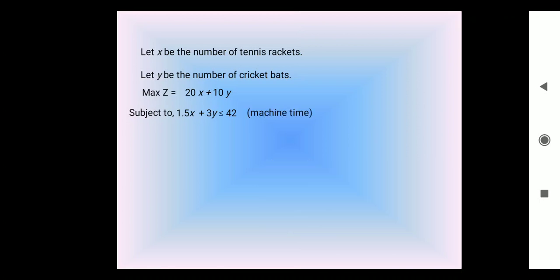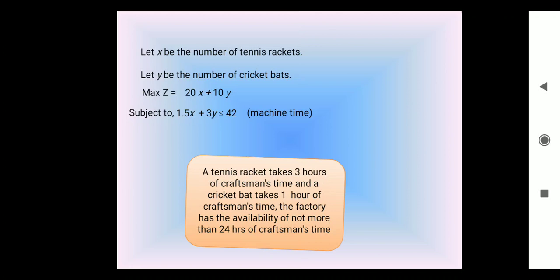Let us consider the second inequality. A tennis racket takes 3 hours of craftsman time and a cricket bat takes 1 hour of craftsman time. The factory has availability of not more than 24 hours of craftsman time. Here the craftsman works not more than 24 hours, which means that he may work exactly 24 hours on any day or he may work less than 24 hours on any other day.